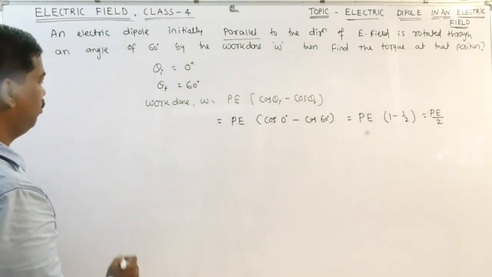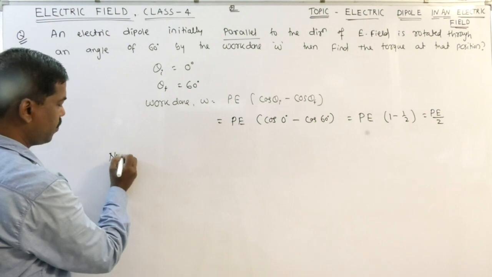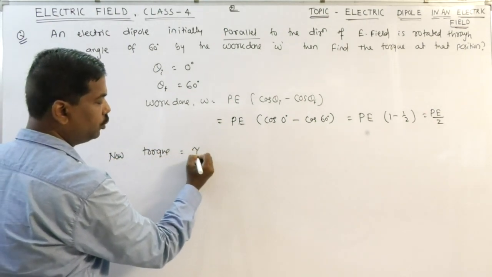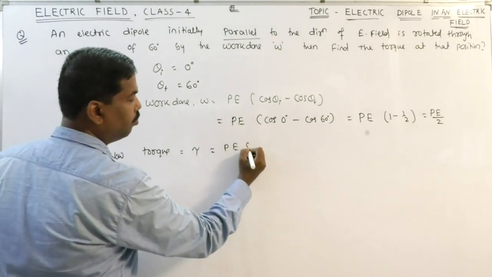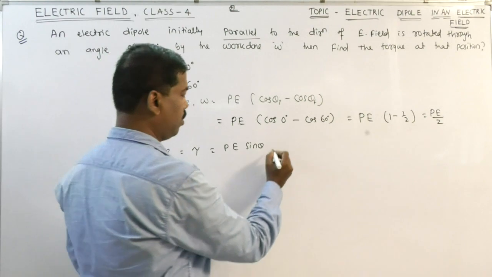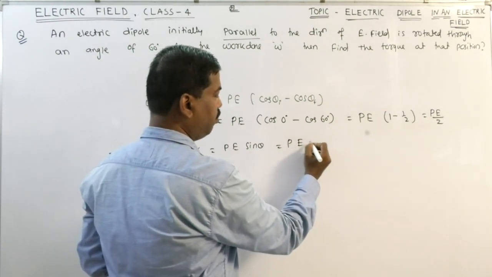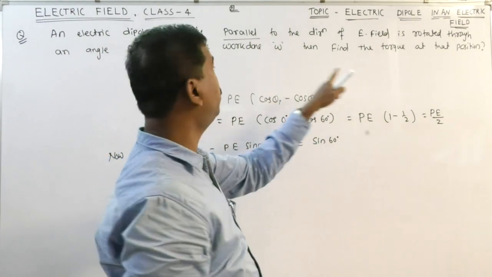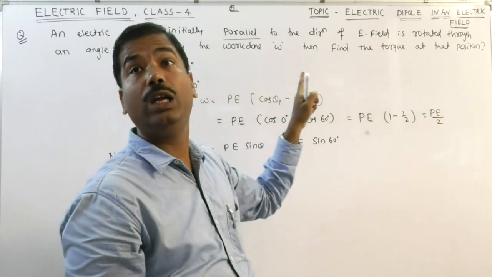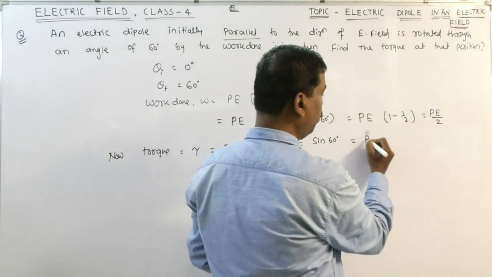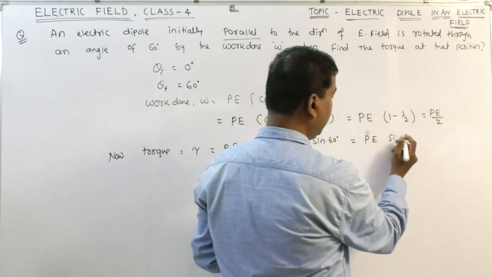Clear? Now tau is equal to PE sin theta, so PE sin 60, because at that position the dipole is rotated through an angle of 60 degree. PE sin 60, and sin 60 is how much?